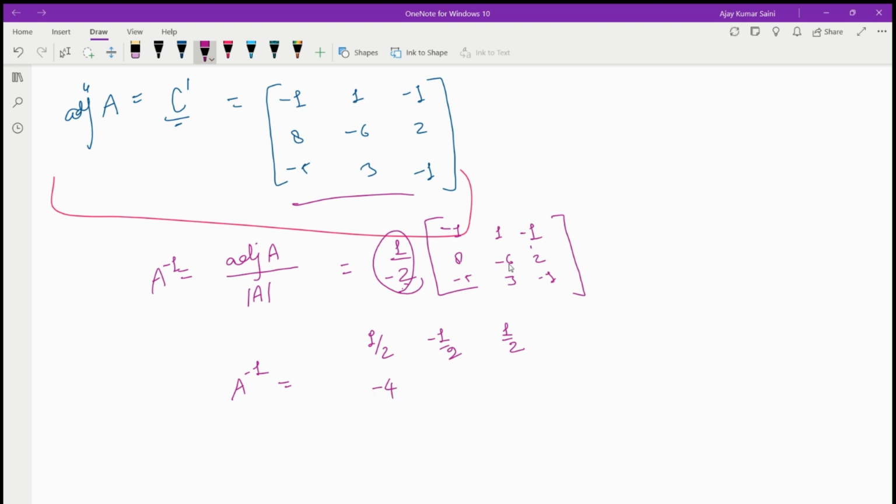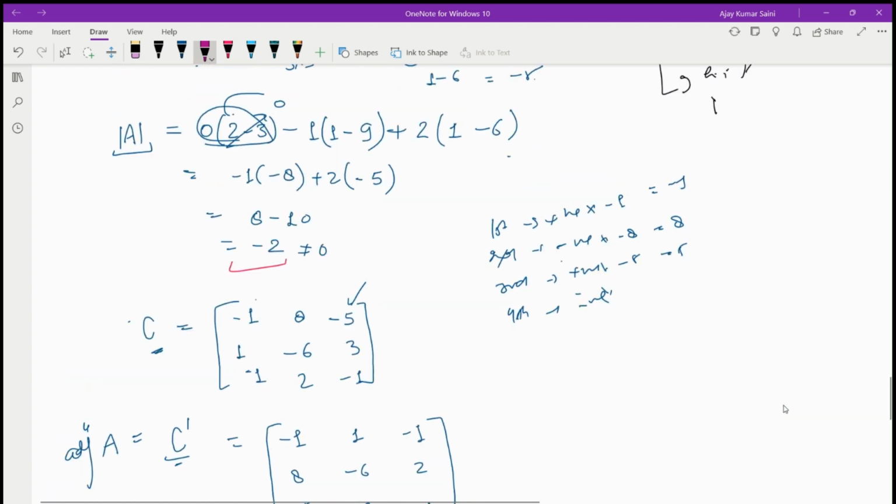And the 6, minus minus, so plus 3, 2, minus 2, minus 1, and 5 by 2, 3, then 3 by 2, and minus 1, minus 2, so plus 1 by 2. Okay, so it is the inverse of that matrix.